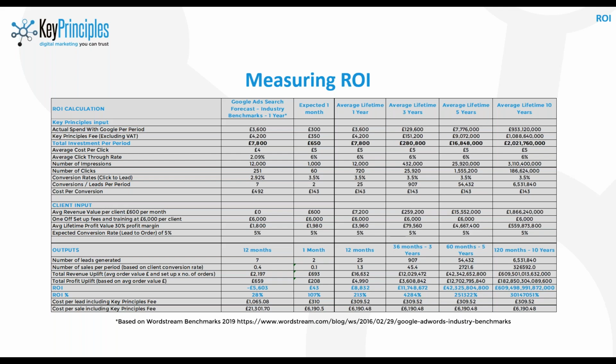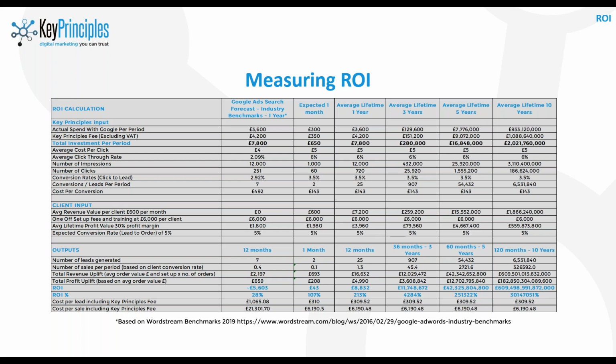And then what we do as well is we include an average lifetime value because sometimes an ROI might take a while to come through. So the average lifetime value of a client is important to know if you want to really get to grips with return on investment and calculating that for the different marketing activities that you're performing.